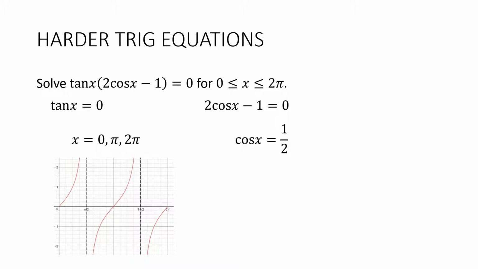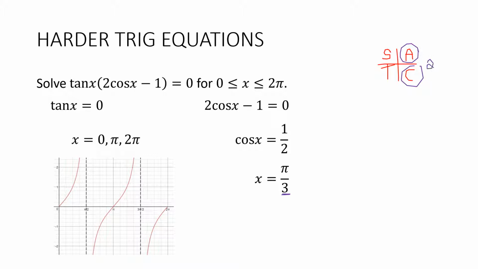Let's do shift cos to begin with to get the acute angle. So that is going to be 60 degrees, which is pi on 3. And then we need to draw up our all stations to central diagram. So we want cos positive. Cos is positive here, which is that one there, and here.